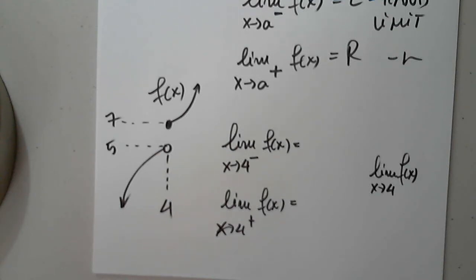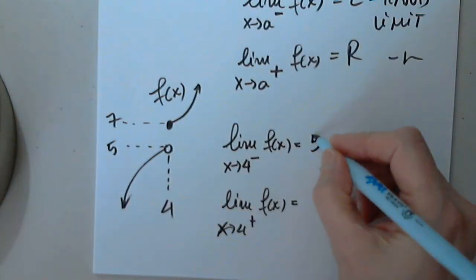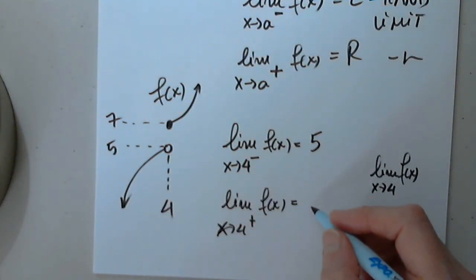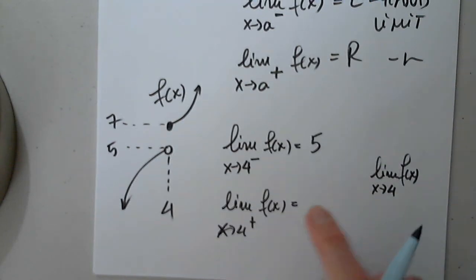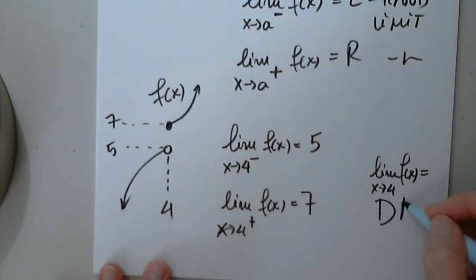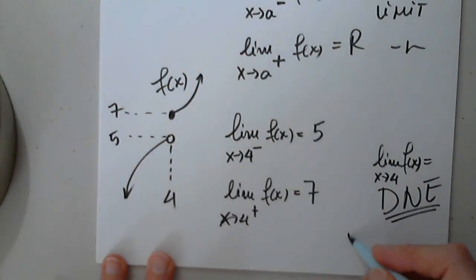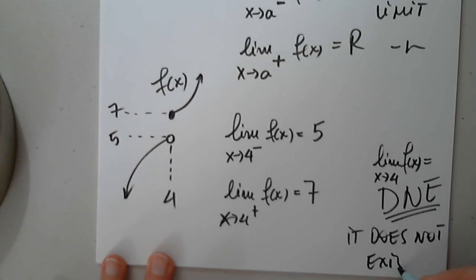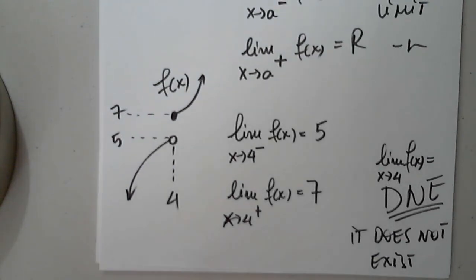Is it 5 from left and 7 from right? And it does not exist on the both side. So, and here, 7 yes, very good. And here it doesn't exist. D and E. It does not exist. How come?